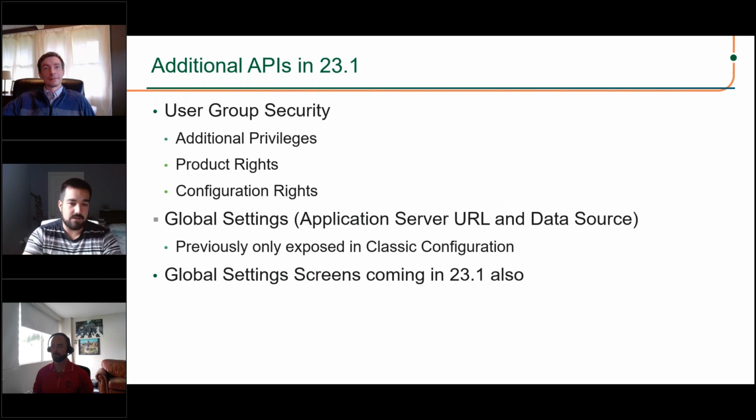So being able to configure that app server URL, data source, and some of the more environmental URLs, exposing those directly in the OAP is a goal of mine. So we have the API for them. I'm just hoping to also get them added into that web interface.